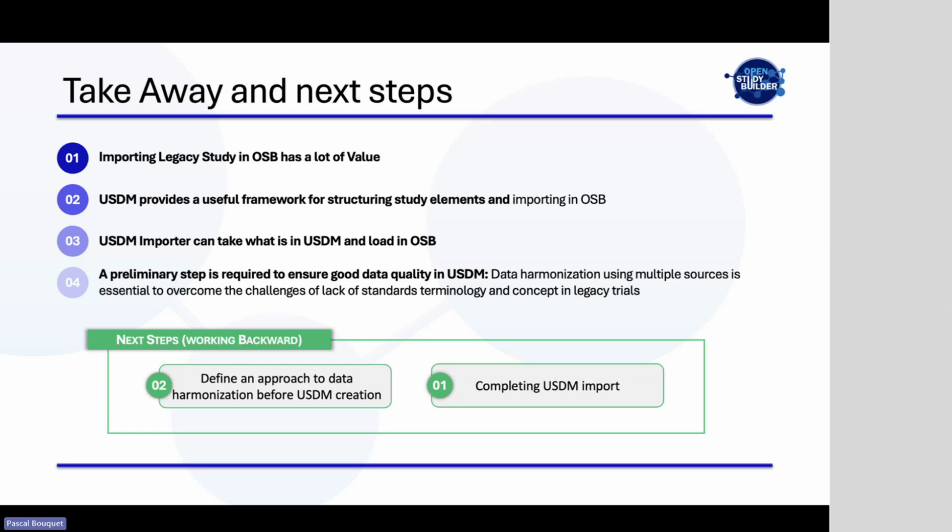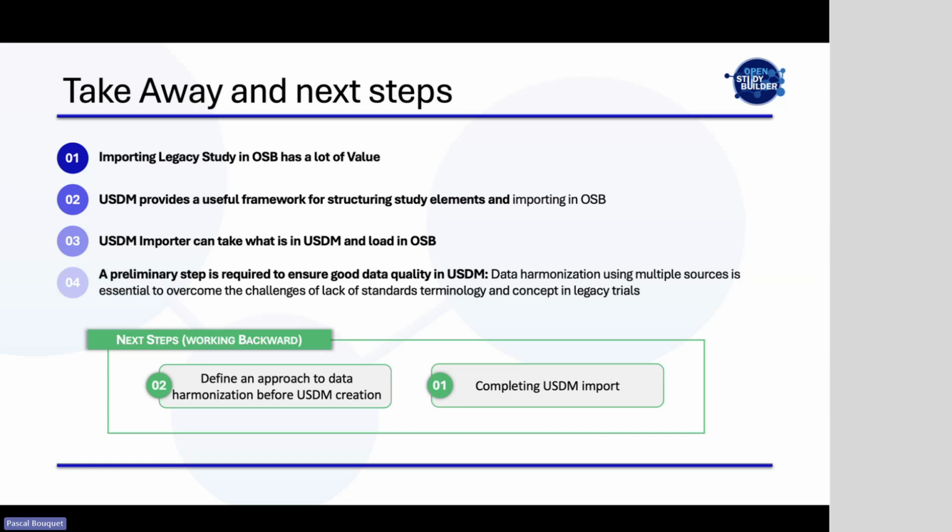Of course, what we see in working on different studies is that what we can address today is really to bring the content of USDM as best as we can into OpenStudyBuilder, but we see as well, when we take legacy studies, a lot of data issues, because legacy studies are sometimes quite old.